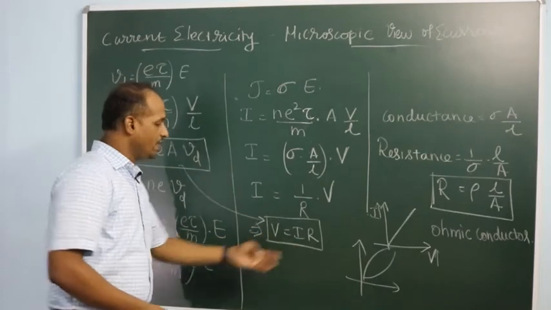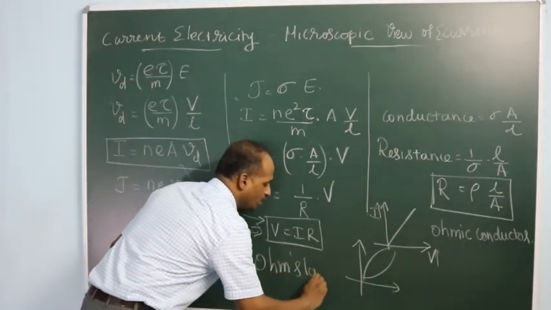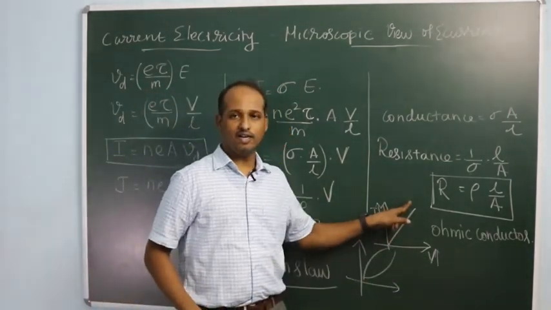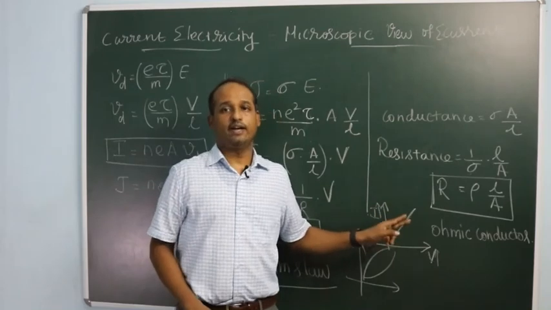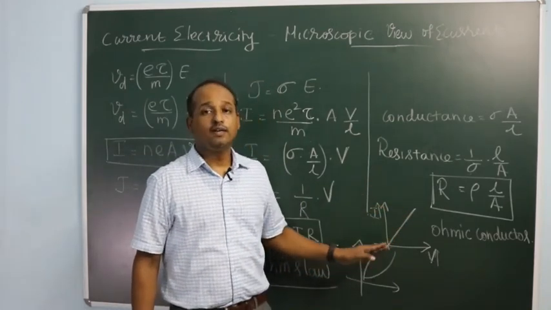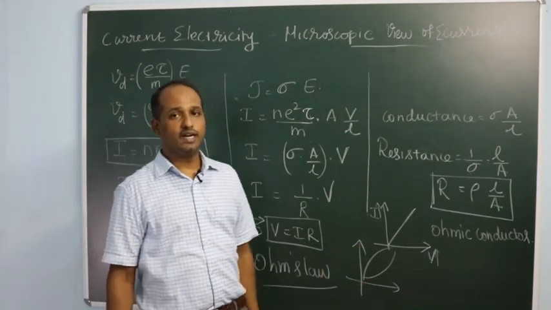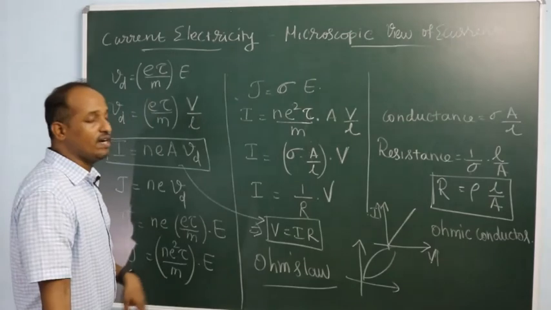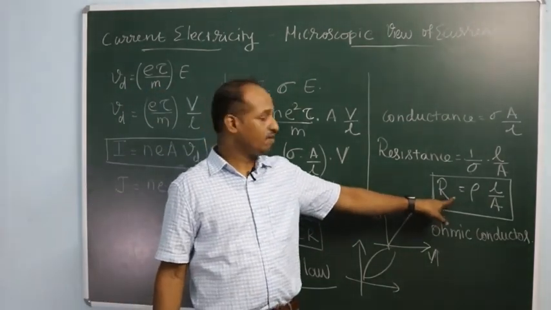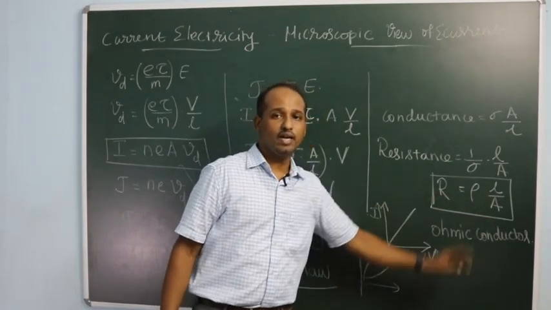So V is equal to IR is Ohm's law, and materials that obey Ohm's law have a straight-line VI graph and are ohmic conductors. If the VI graph is not a straight line, those conductors are called non-ohmic conductors. In the next session we will talk more about resistance. Resistance R is equal to rho into L by A.